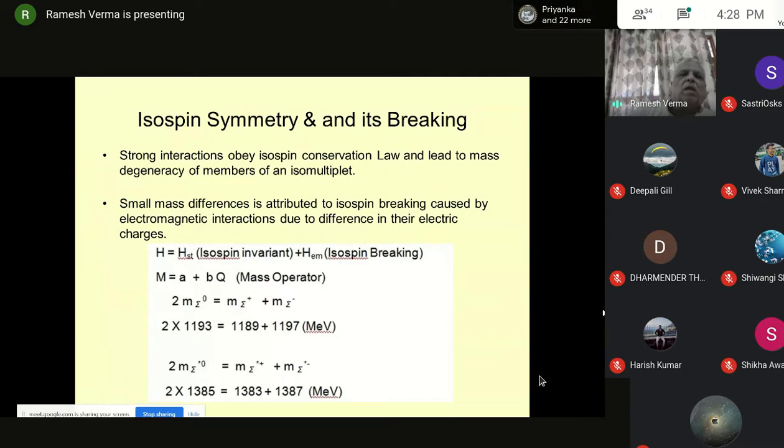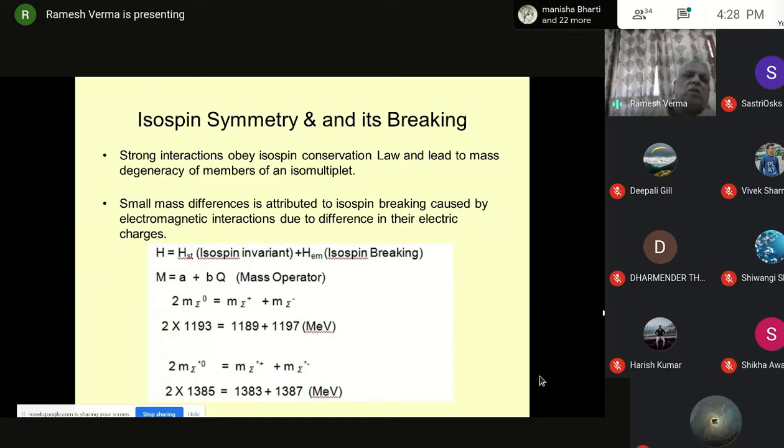So first of all, we see that strong interactions obey isospin conservation law. Therefore, they obviously lead to mass degeneracy of members of an isomultiplet, which are mutually connected with isospin raising and lowering operators, exactly the same way as we have seen yesterday, how shift operators L plus, L minus, and similarly shift operators S plus and S minus for spin, connect various members of the same multiplet.